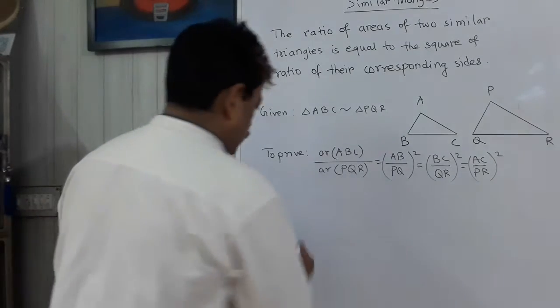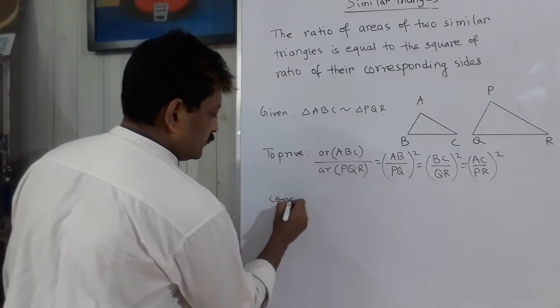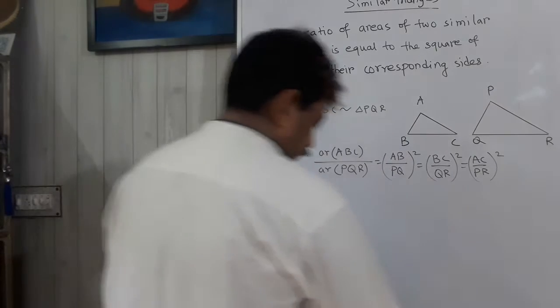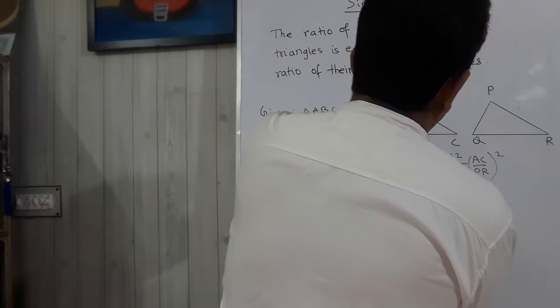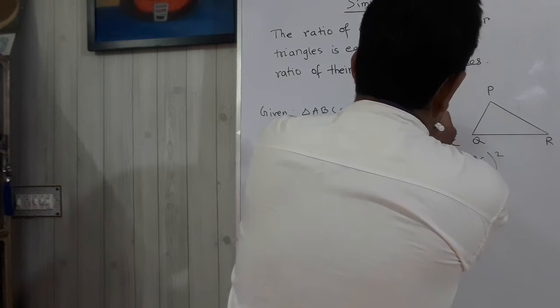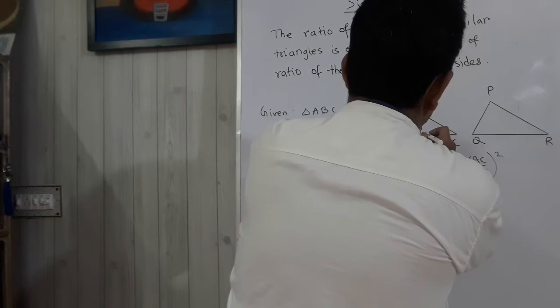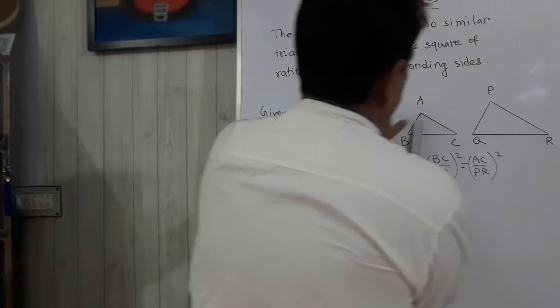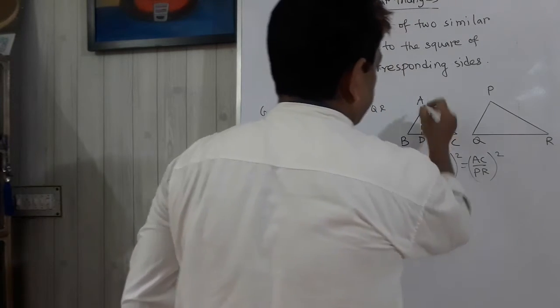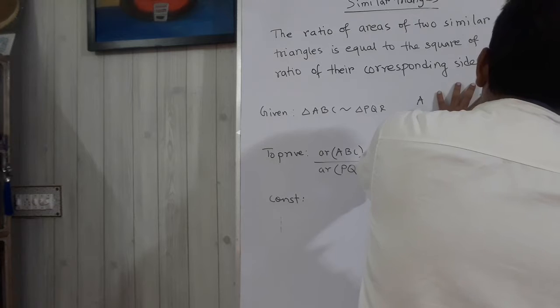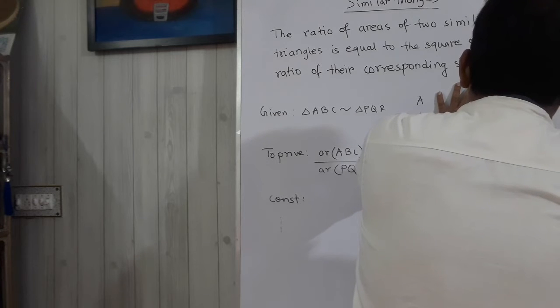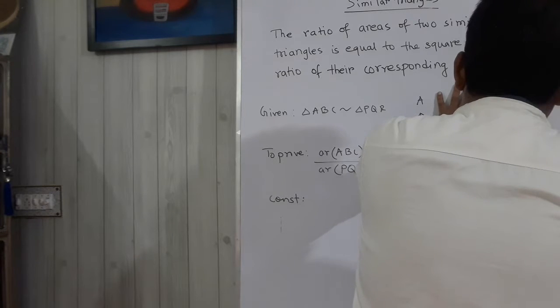Okay. So there is a construction. What we have to draw? We have to draw two altitudes of these triangles. Suppose AD is the altitude of triangle ABC and PM is the altitude of triangle PQR.